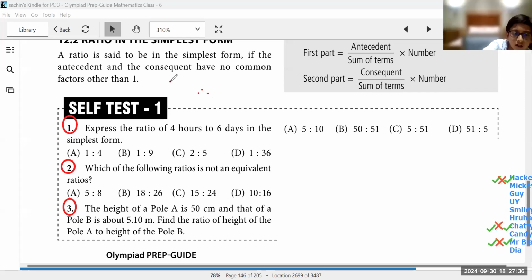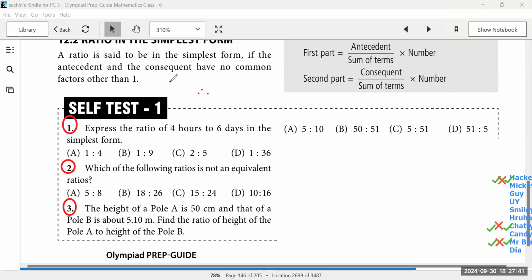Sir, I didn't understand what do we have to do in the second one. Not an equivalent ratio, just like fractions, not an equivalent fraction. Equivalent ratio to who? Like they're all single. So you compare them with each other.